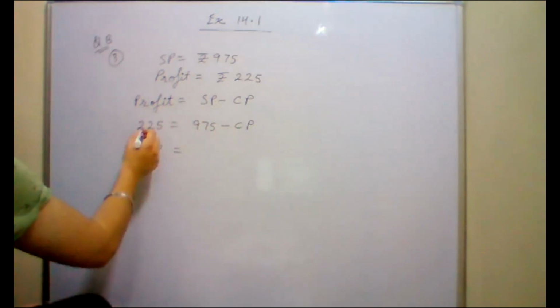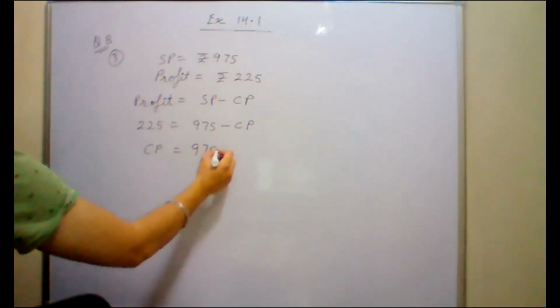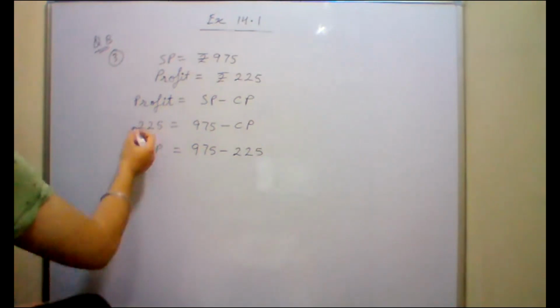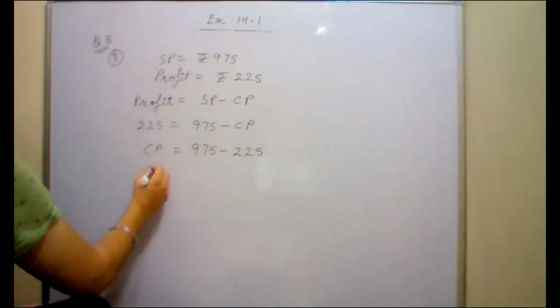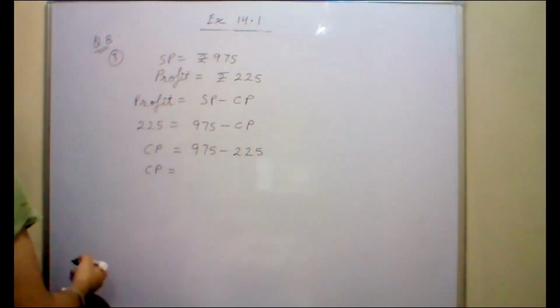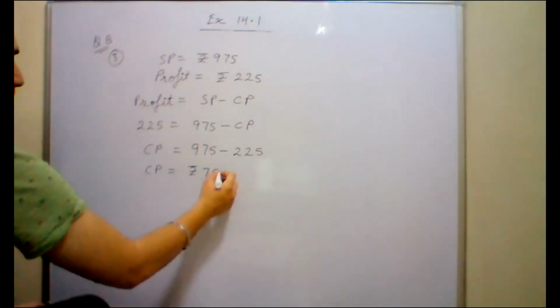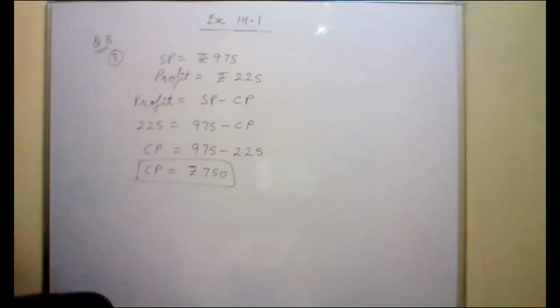It is positive right now, but when it goes to RHS, it becomes negative. So 975 minus 225 is 750 rupees. 750. Got it? Yes, sir, got it.